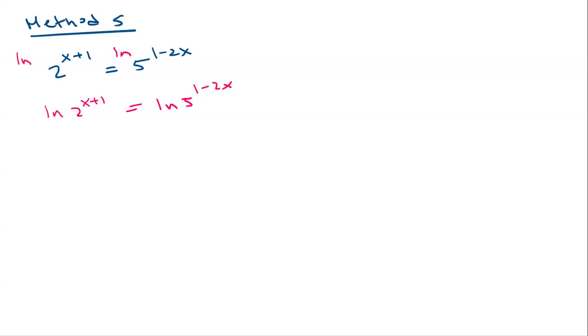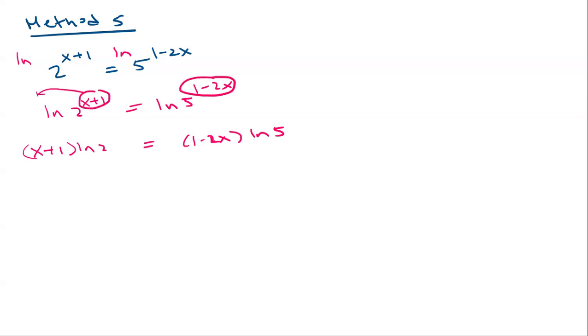And what can we do with the powers? Well, remember one of the properties is we can move the power to a coefficient, or move it to the front. So in this case, we get x plus 1 times ln of 2, and then 1 minus 2x times ln of 5. Again, I can take that power and move it to the front.